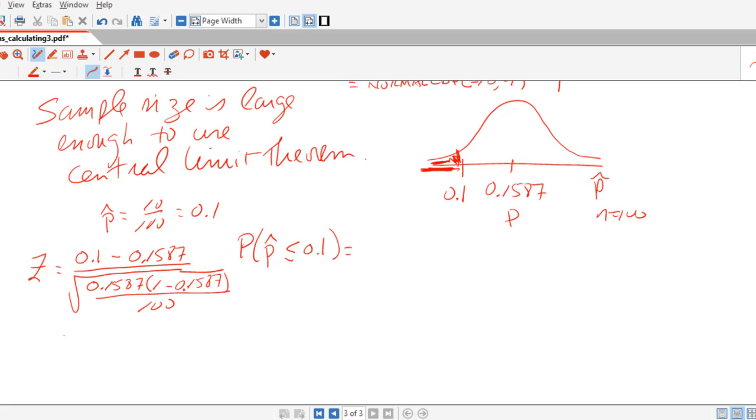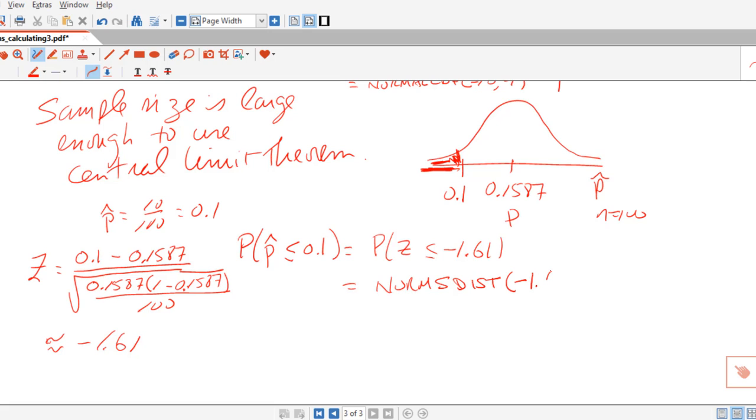So again, if I rounded to 2 decimal places, this is equivalent to -1.61.